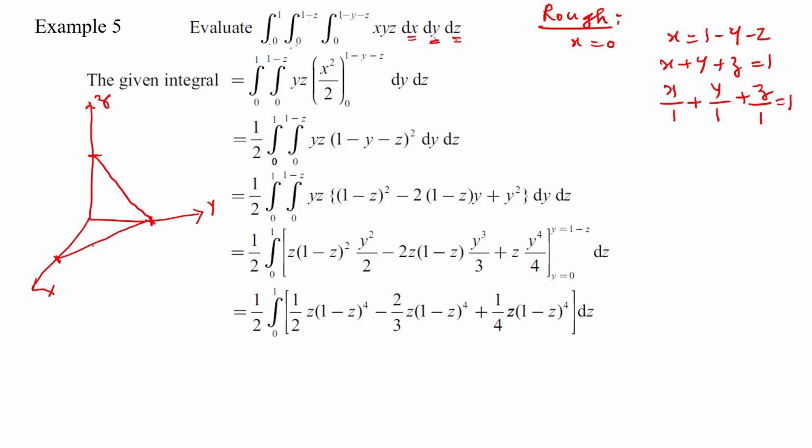With these three points, it is like a tetrahedron. So it is the region of integration. Okay. The solving part I can leave to you, so you can try that and take the answer for this.